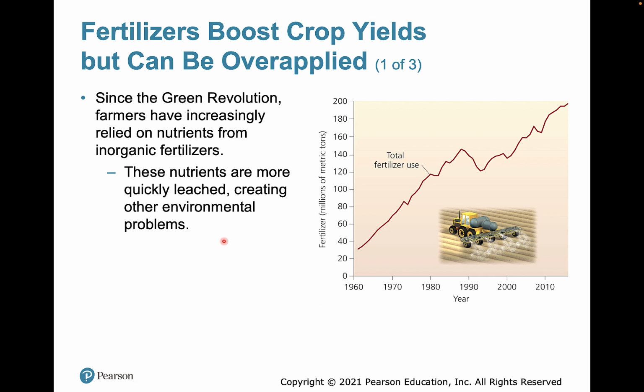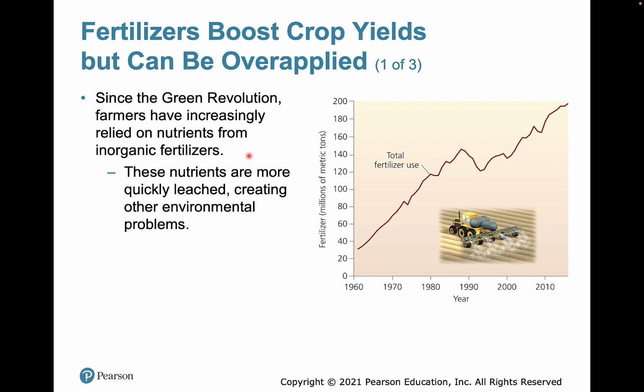If we use fertilizers, they're going to increase crop yields, but you can overutilize them, okay? So the methods that came from the Green Revolution have really increased reliance on inorganic fertilizers.